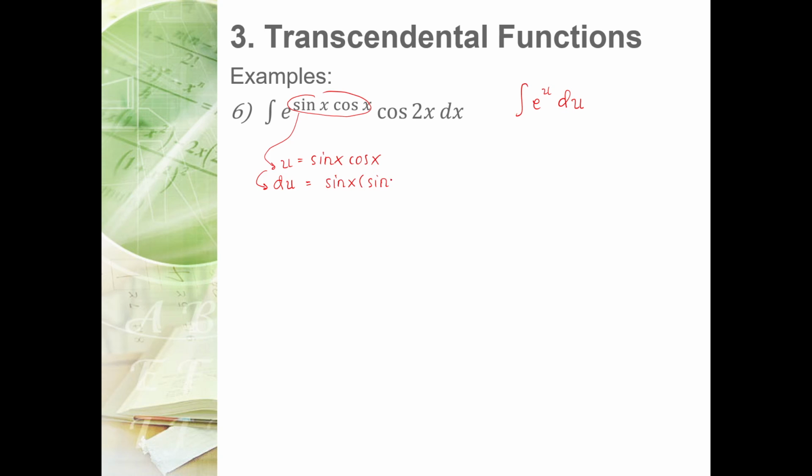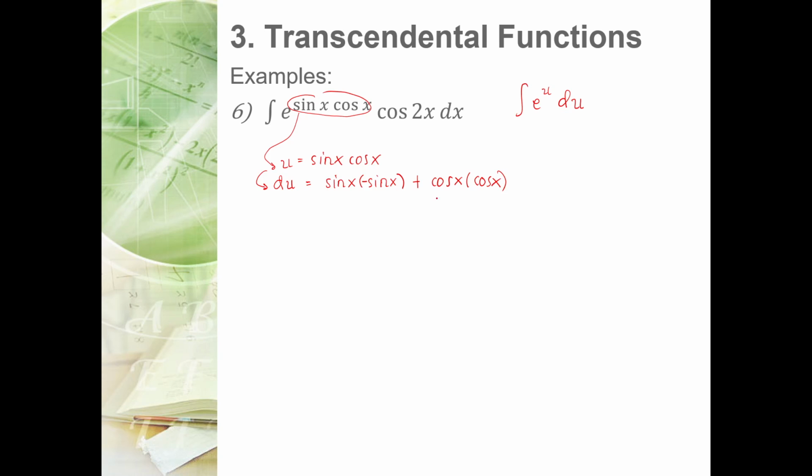So sine x, plus cosine x, then derivative of sine x. Derivative of cosine is negative sine x, and derivative of sine is cosine.